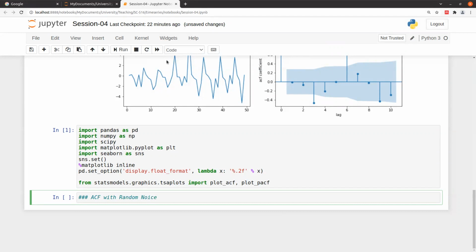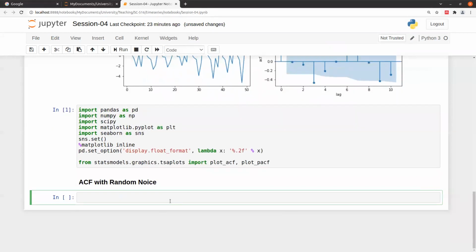I'm going to get a figure as well as axes with plt.subplots, and set some figure size, say 16 rows and 8 columns.